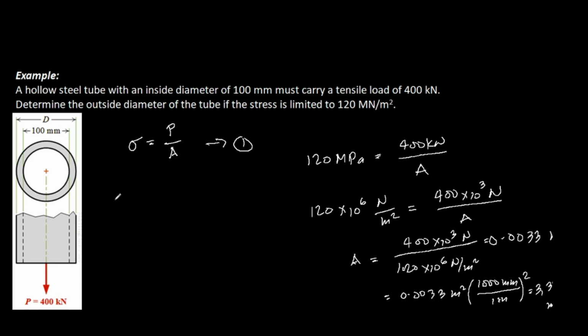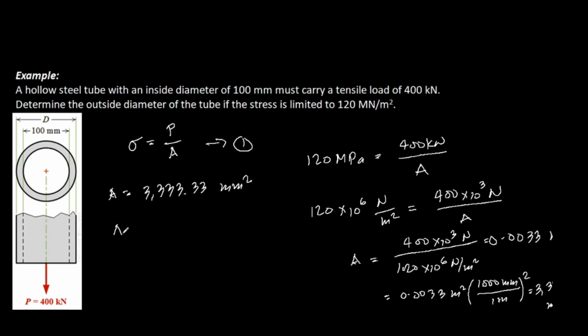Or the area is equal to 3333.33 millimeter squared. However, how do we get the cross-sectional area of a hollow steel tube?